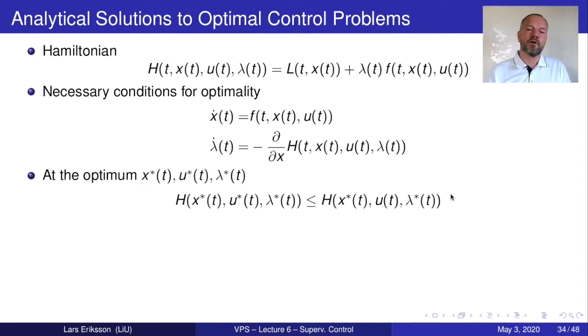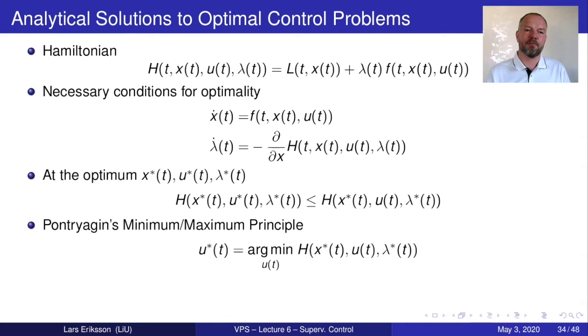So if we would know the lambda and the x, we can always compute u by selecting the u that minimizes the Hamiltonian. If we can write up an equation for the Hamiltonian, we can use that equation to get our control signal. And this is then Pontryagin's minimum or maximum principle, depending on if we're minimizing or maximizing the function. We're using minimization, so then we could say Pontryagin's minimum principle, but it's the same for maximization problems.